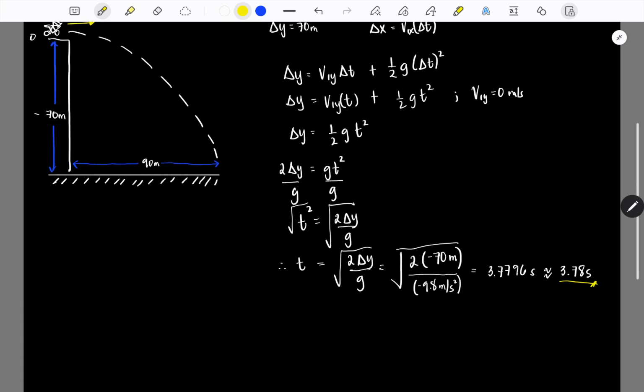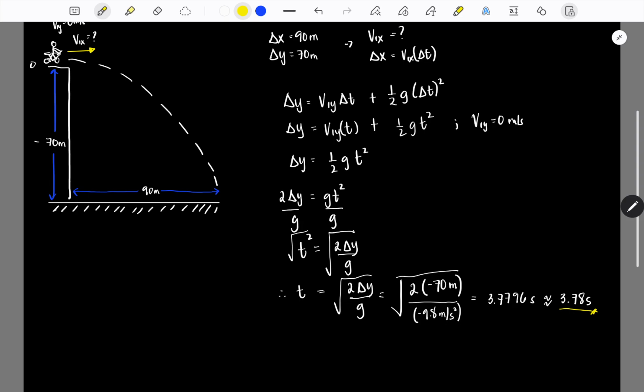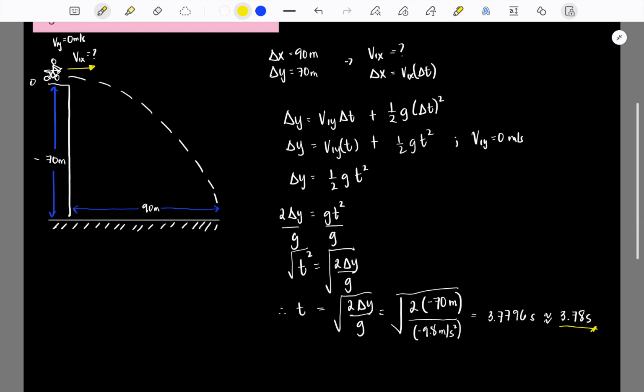Now, what do we do with this value of time? This value will be used to solve for the horizontal velocity. So let's go back. The equation for horizontal velocity will come from delta x equals Vix times t. You just simply derive a little bit.